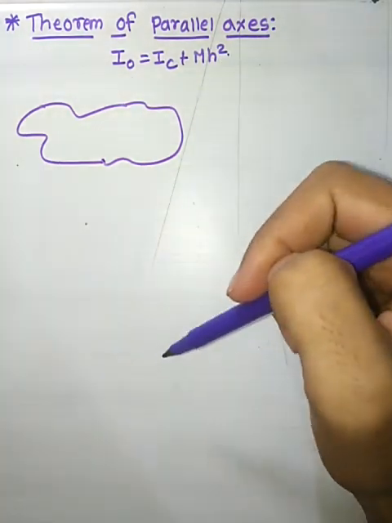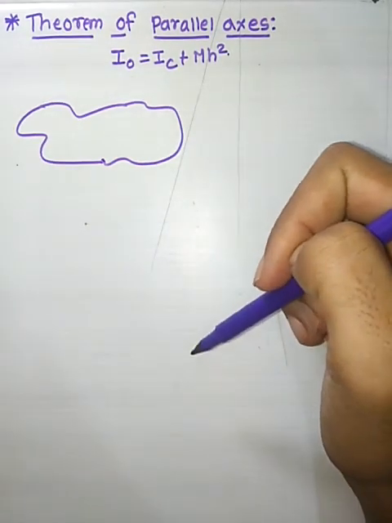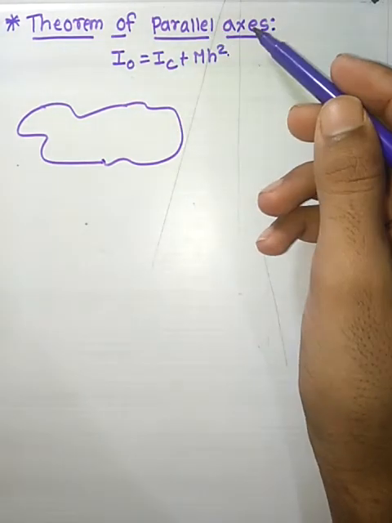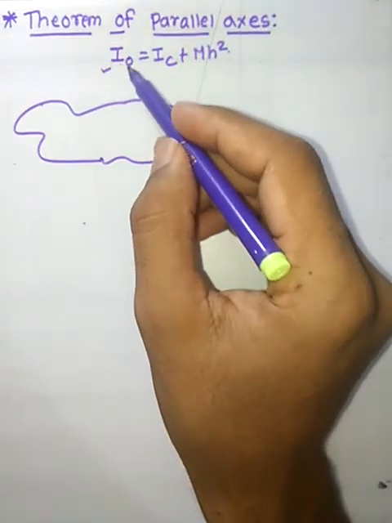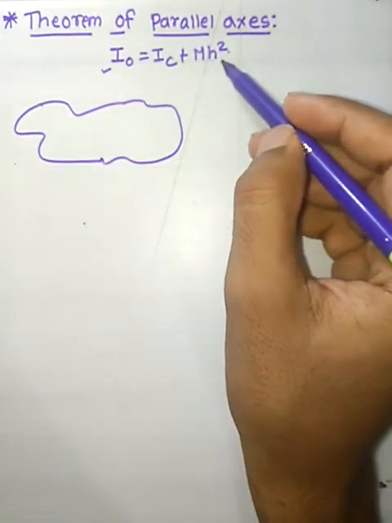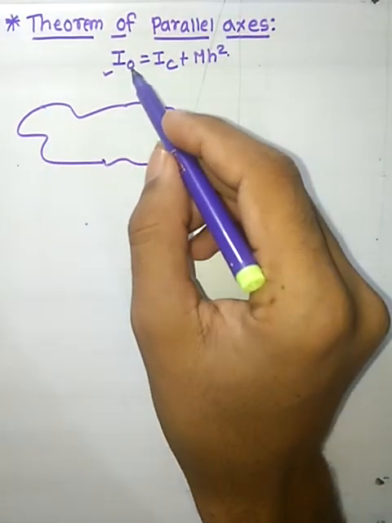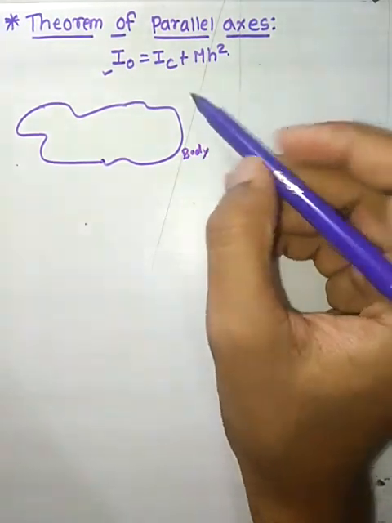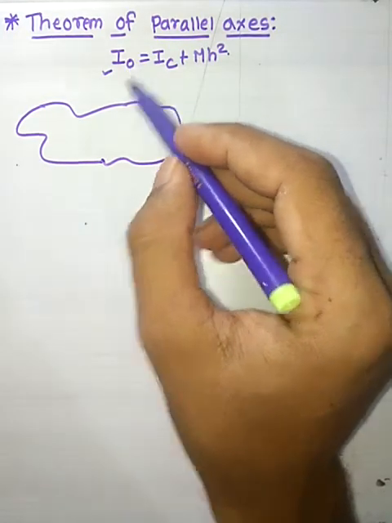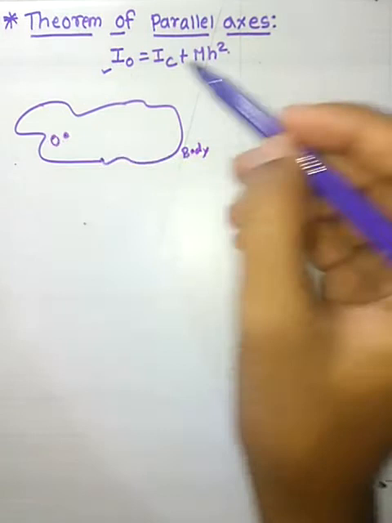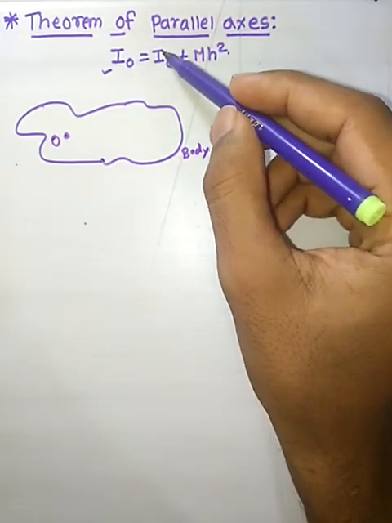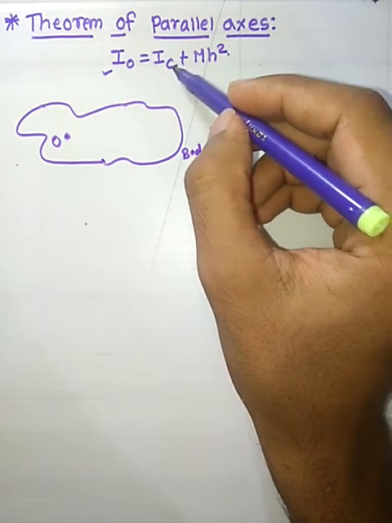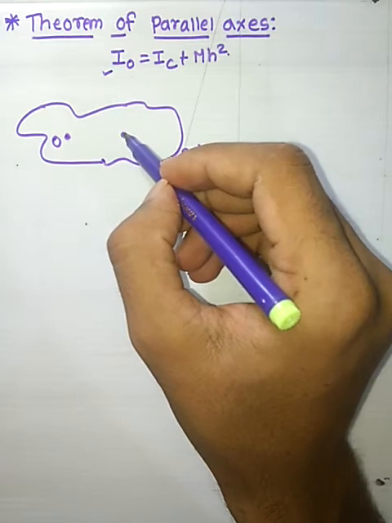After deriving an expression for the moment of inertia of a body about a parallel axis, we get this relation: I_O equals I_C plus M h squared. Here I_O is the moment of inertia of this rigid body about an axis passing through the point O, which is equal to the moment of inertia of that same body about an axis passing through its center of mass, that is point C. Suppose point C is lying here.